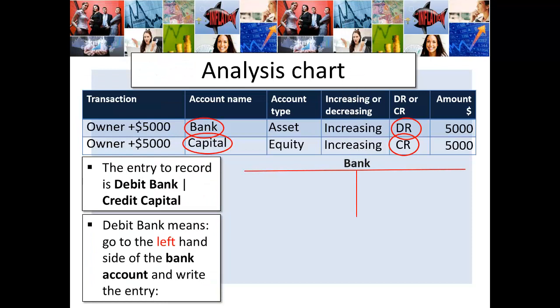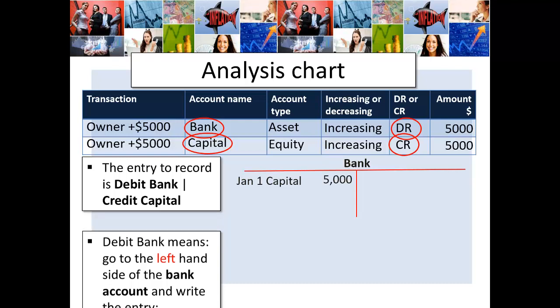Debit bank means that's to the left hand side of the bank account. So we go to the ledger called bank, the bank account, and write the entry with the date, 5,000.